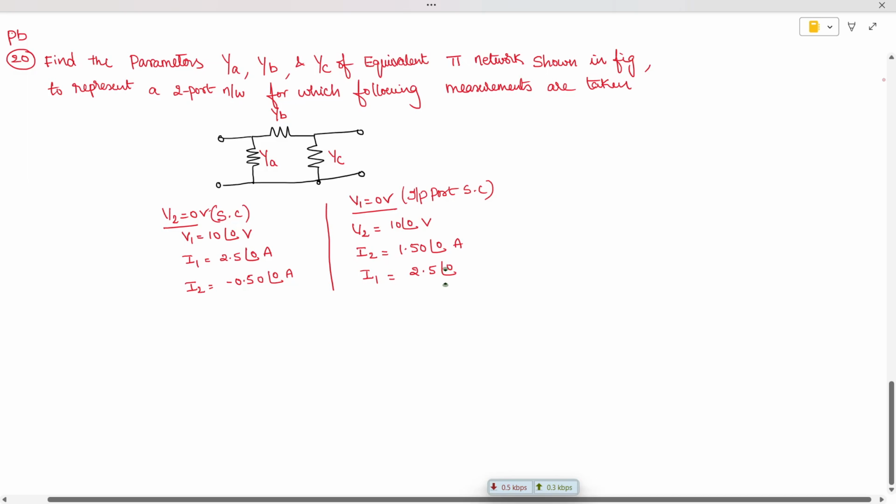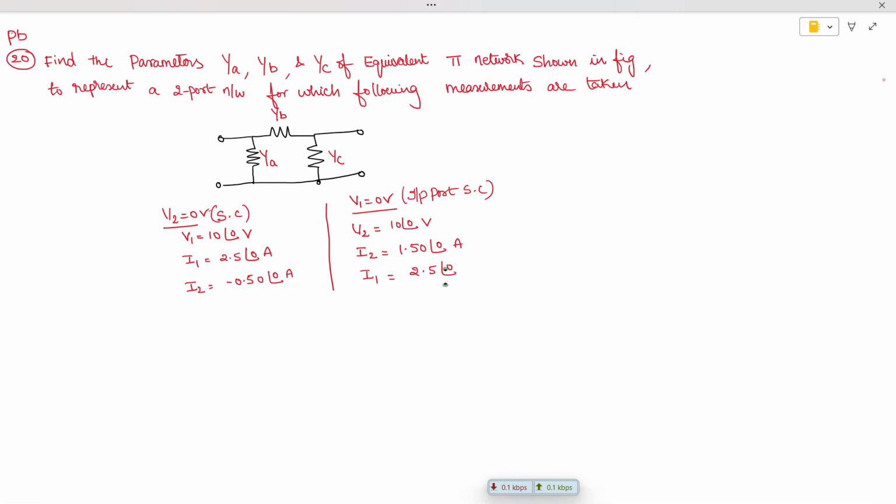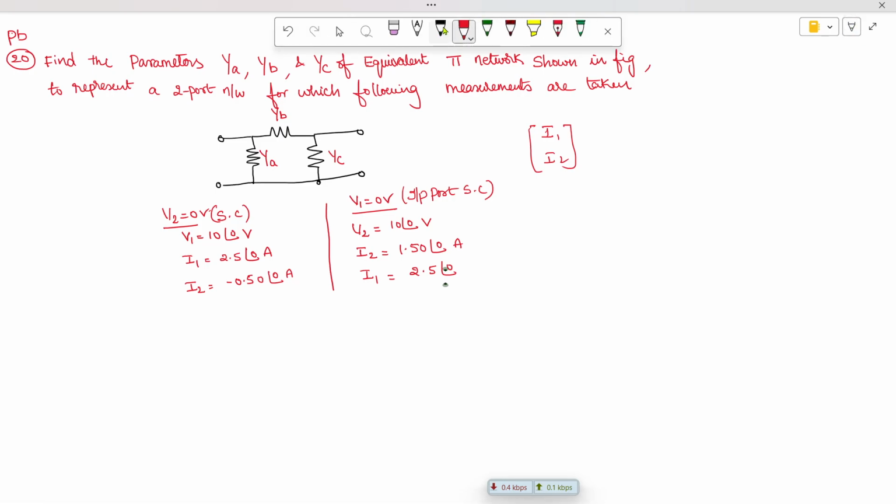Now first try to find out the Y parameters. So we have the basic equations of I1, I2 equal to Z11, Z12, Z21 as well as Z22 into V1, V2.